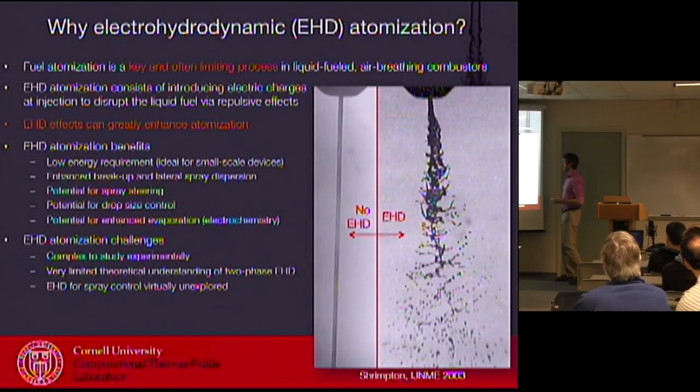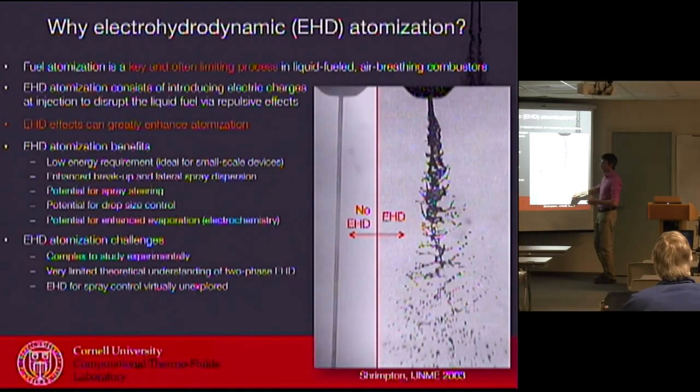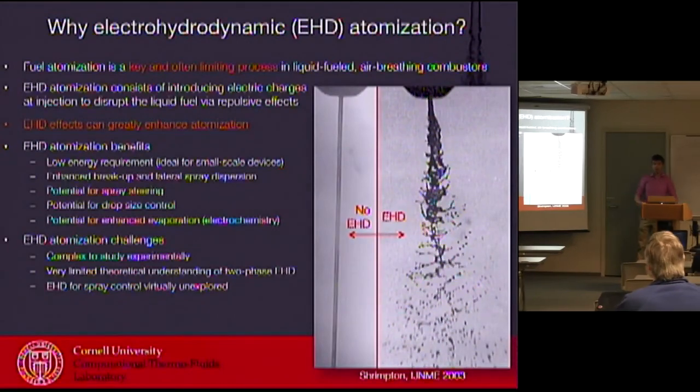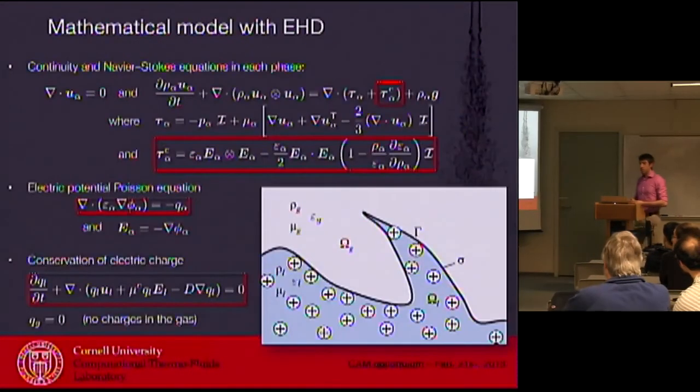So there's experiments out there that suggest that at low speeds you can have a liquid to which nothing happens. And if you put an electrode in the nozzle and form a very strong electric field that leads to the introduction of electric charges in the liquid, you have very intense breakup. So we know that this is a way that we can improve breakup. So this is a model for that.